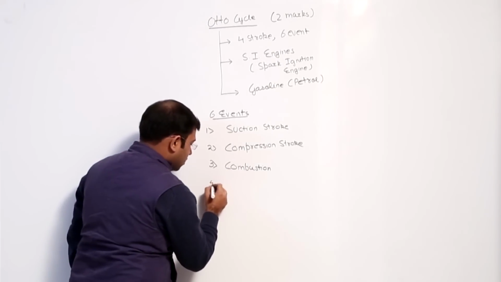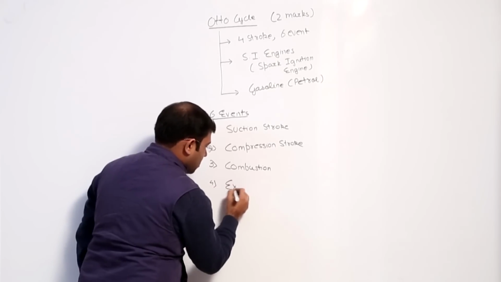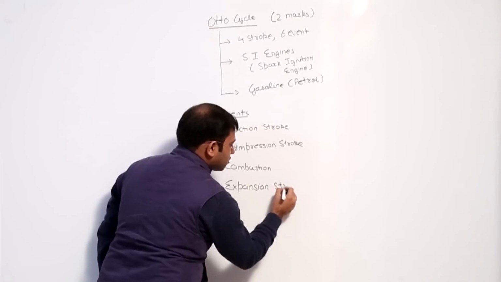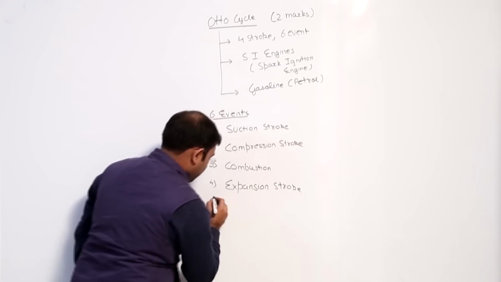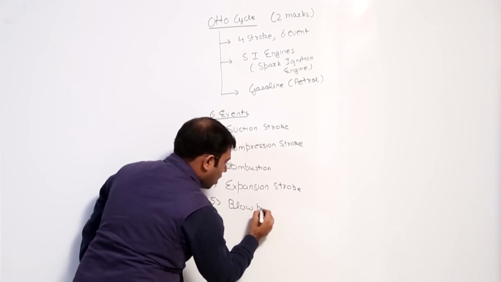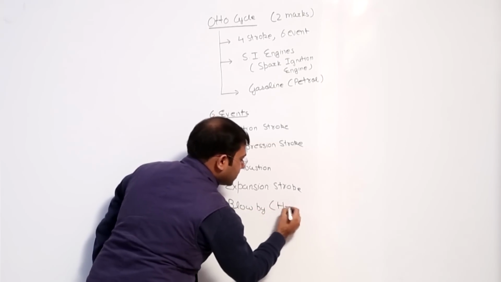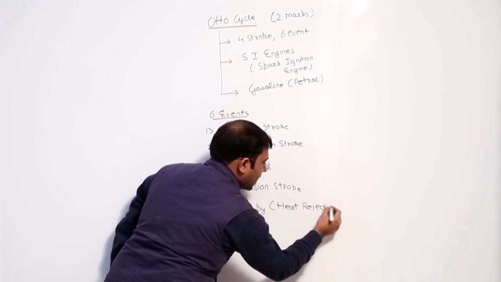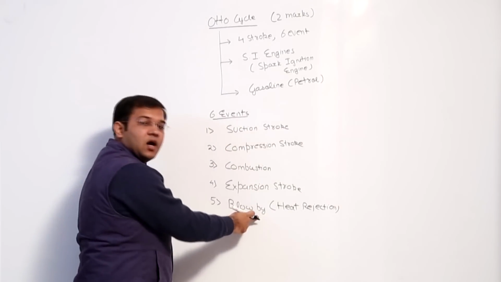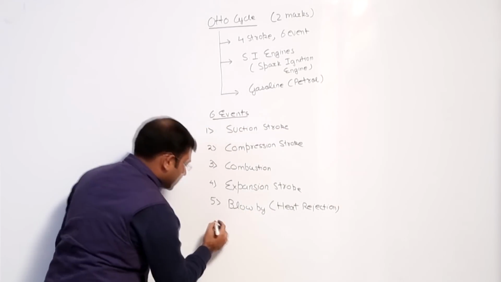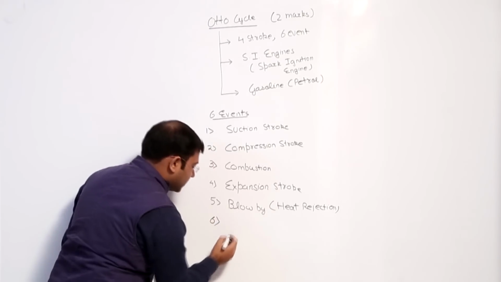Now fourth is expansion stroke. Now fifth is blowby, or we can simply say heat rejection. And again, this is not counted as a stroke because this is an instantaneous process. Now the sixth event is exhaust stroke.